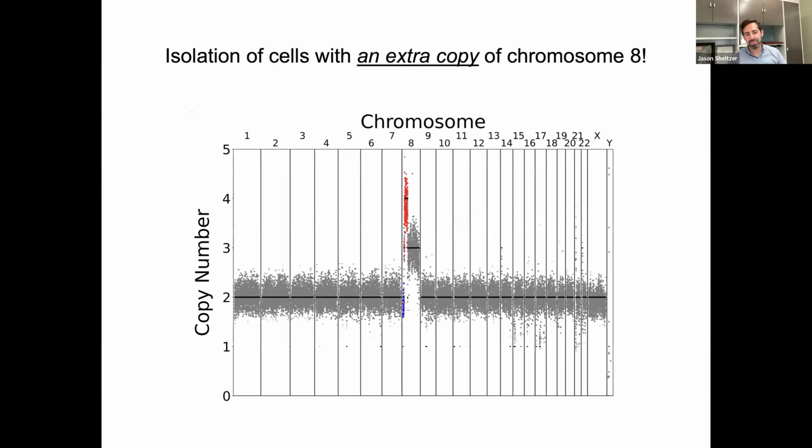So this is a picture of the karyotype determined from whole genome sequencing of this iPS cell population. These were the cells provided by Project 8p from an individual with an inversion duplication deletion on chromosome 8, and we isolated a clone that had an extra copy of chromosome 8.